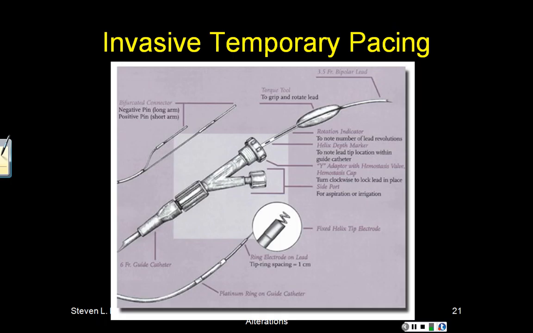temporary pacing. Invasive temporary pacing basically requires the insertion of a large catheter, a large bore cordis or needle, so that a catheter or a wire can be passed through it to go directly to the heart muscle.